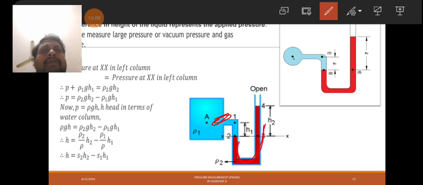Now observing this figure, we have a datum line XX.